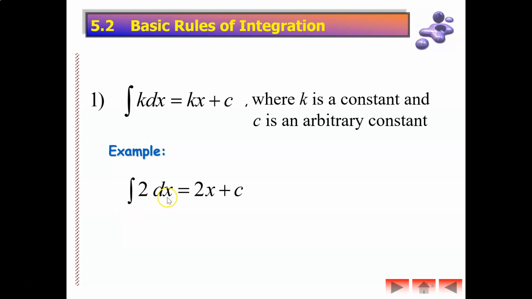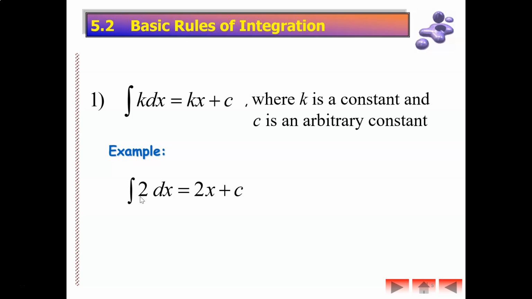So this is the example. Integrate 2 dx equal to 2x plus c. So all you have to do in integration is you just need to add x at the end. Integrate 2 dx, you will get 2x plus c. Don't forget your constant over here. If we recall when we perform differentiation, if we differentiate 2x, you will get 2.